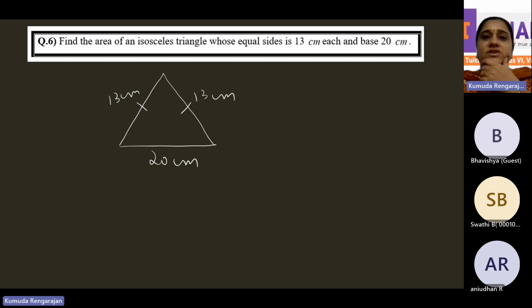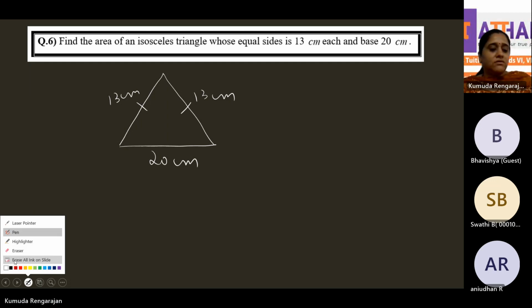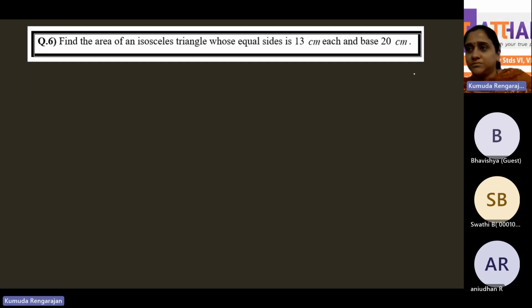You need to find the area of this triangle. How will you find it? Heron's formula. All three sides are known to you. Find using Heron's formula. Do this one correctly, Blessy.